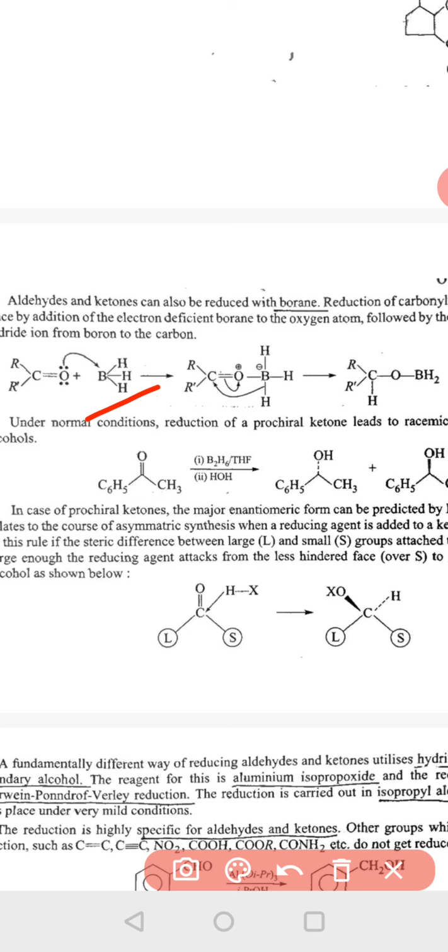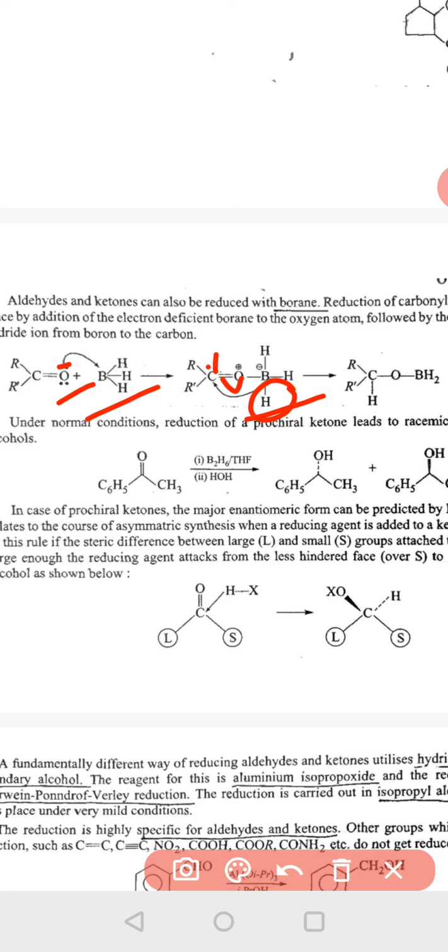As we all know, it gets attracted to the lone pair of electrons of the carbonyl group and it gets attached to the oxygen. This is how it happens. In the next step, the pi electrons of the pi bond between C and O get transferred to the oxygen, and this hydride ion is attached to this C plus of carbonyl.